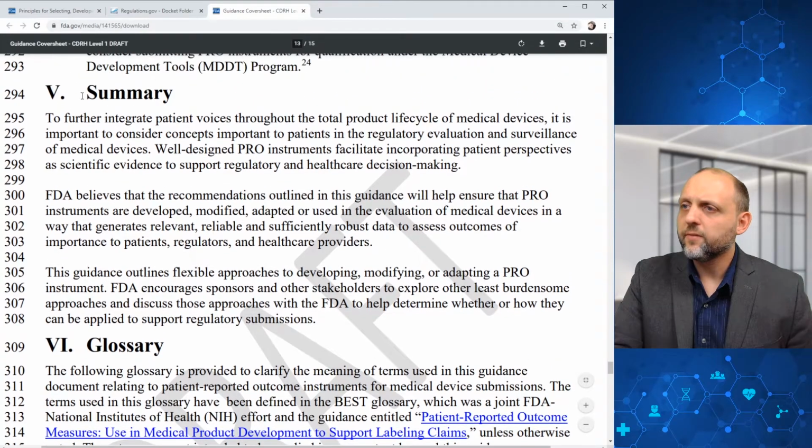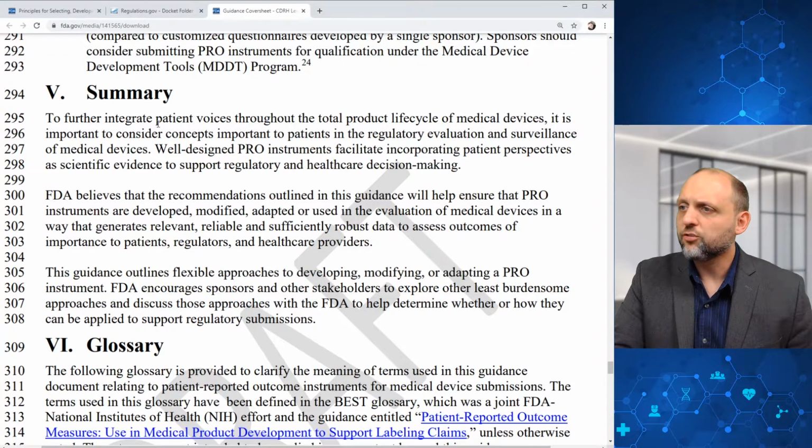So then we get into the summary here. And FDA finishes by saying, to further integrate patient voices through the total product lifecycle of medical devices, it is important to consider concepts important to patients in the regulatory evaluation and surveillance of medical devices. Well-designed PRO instruments facilitate incorporating patient perspectives as scientific evidence to support regulatory and healthcare decision-making.